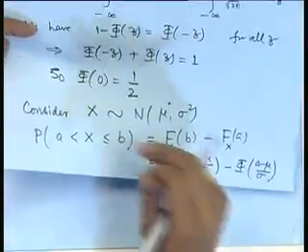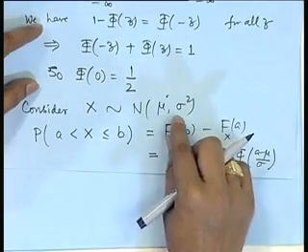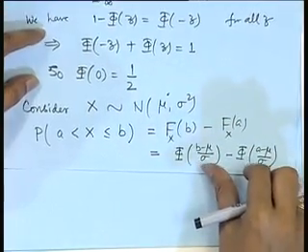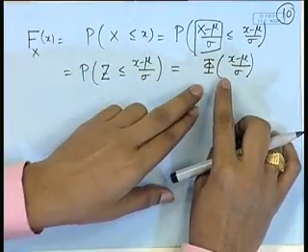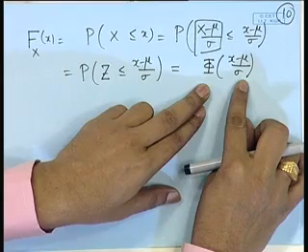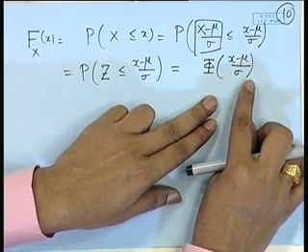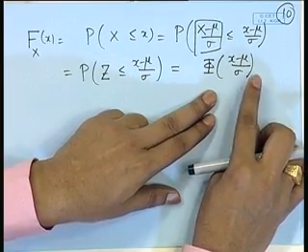So, the incomplete gamma function can be evaluated using numerical integration, say Simpson's 1/3 rule, etc. And tables of the standard normal distribution are available in all the statistical books. So, if we want to evaluate the probabilities related to any normal distribution, we will firstly convert it to probabilities related to standard normal distribution and then utilize the tables or numerical integration here.